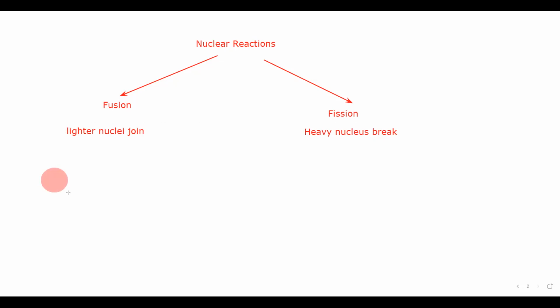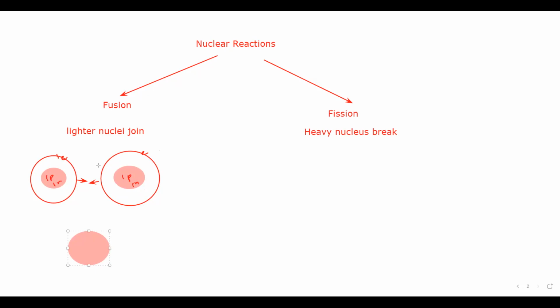For example, you have two nuclei, one having one proton and one electron, and another also having one proton, one neutron, and one electron. When you join them together, when you fuse them together, their nuclei will actually join.